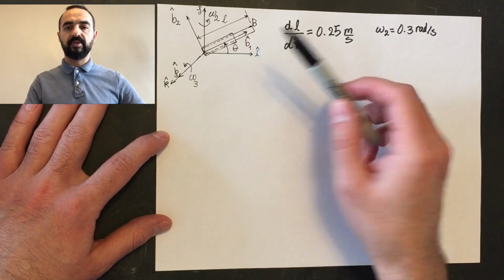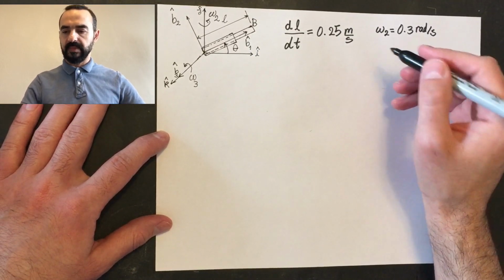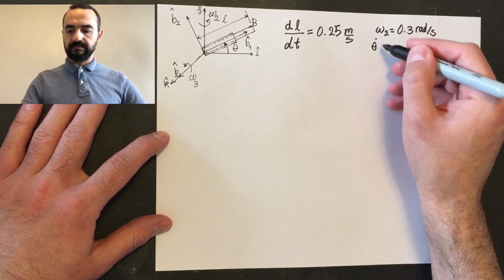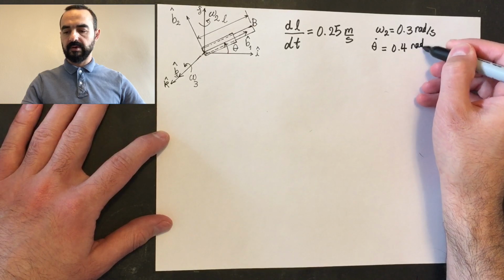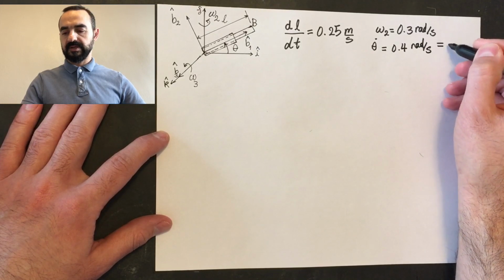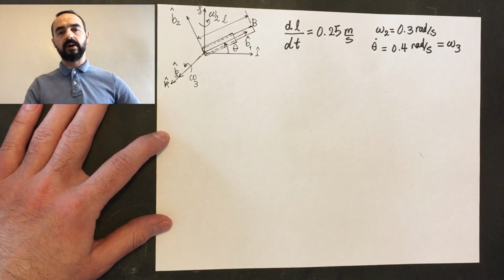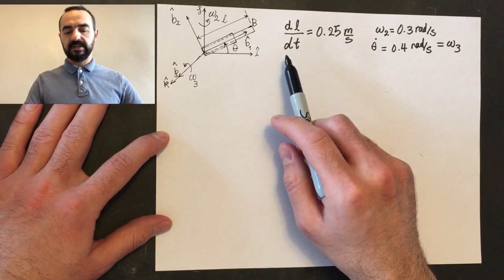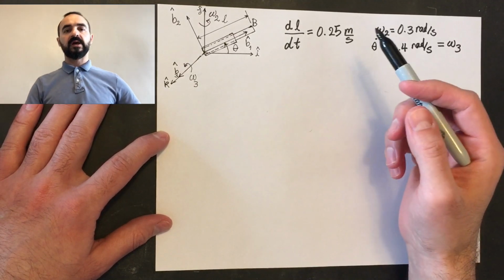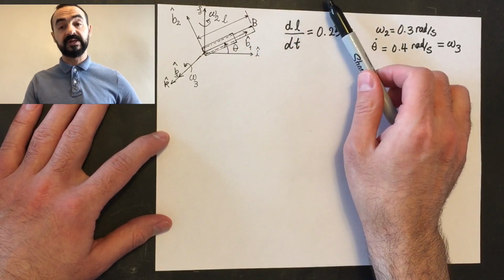So this angle theta is increasing, and theta dot is equal to 0.4 radians per second. Theta dot is omega 3, or omega about k hat. So we know that dL/dt, the rate at which L increases, is 0.25 meters per second.